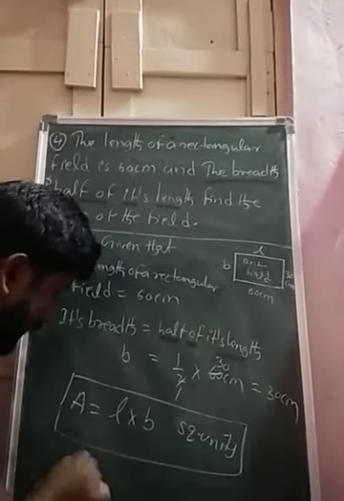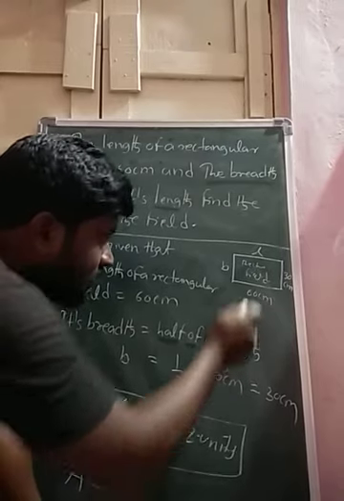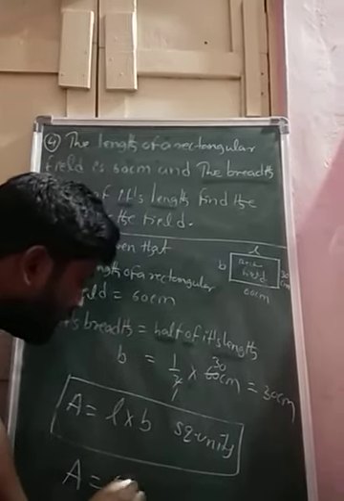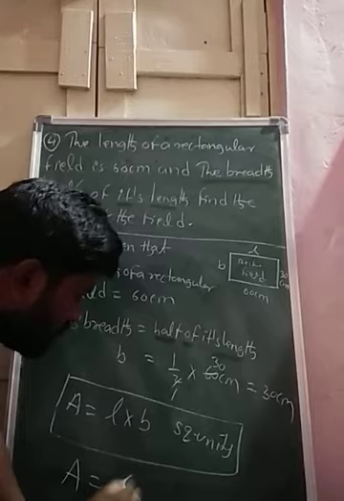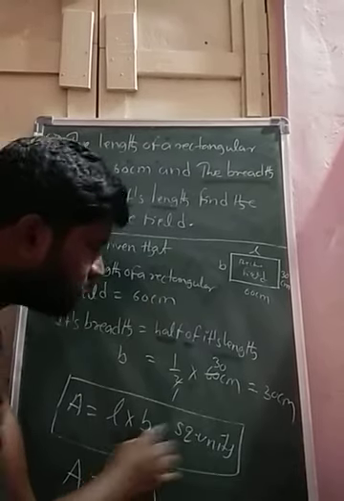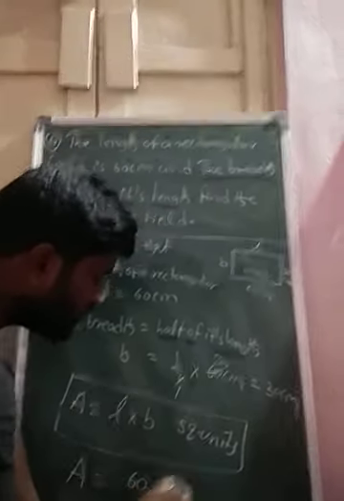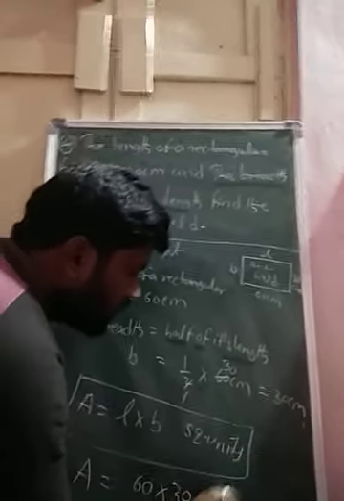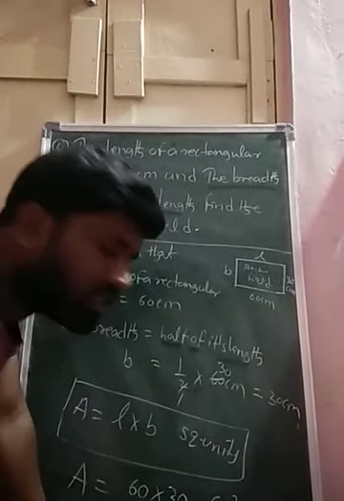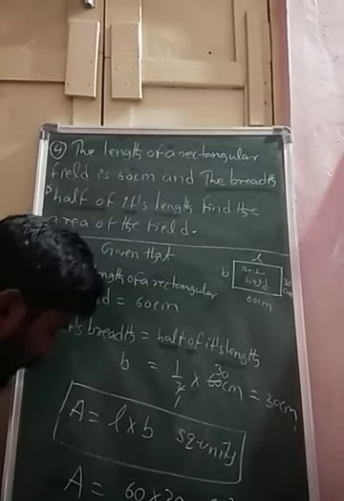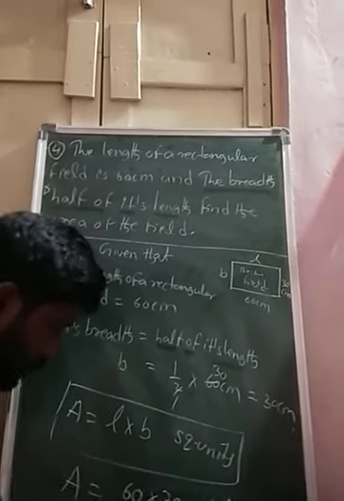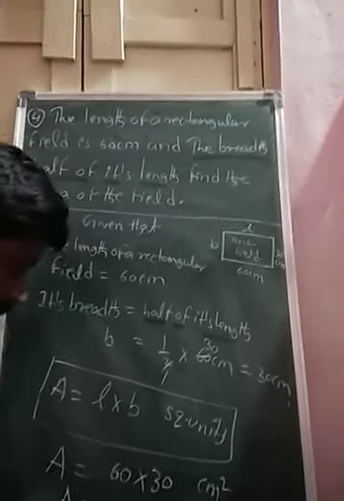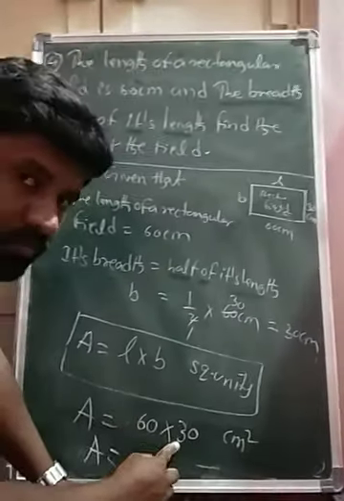Now area is equal to length, given 60 centimeter, into breadth, which we get as 30. Square units means the units given to us are centimeter, so that is square centimeter. Now we can write area is equal to 30 into 60.